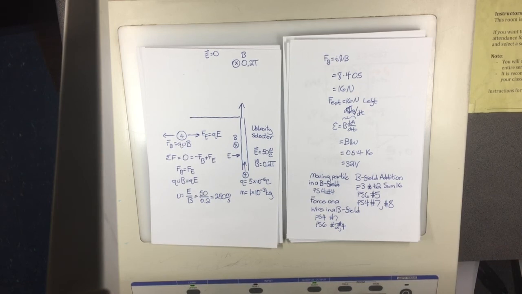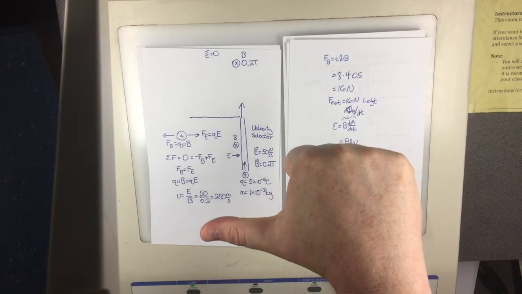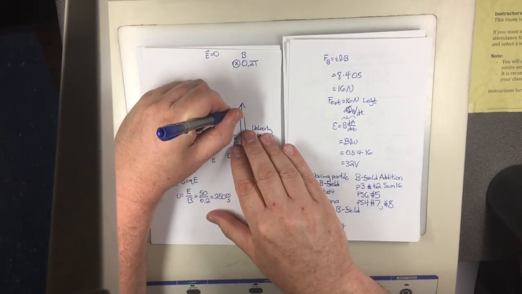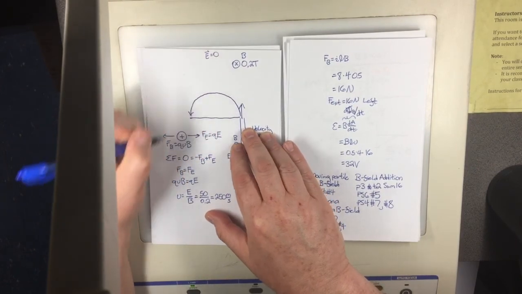I kind of did that question already. The force on a particle in a magnetic field is Q times V cross B. V is that way, B is into the page, force is left, which means this thing is going to bank like that.